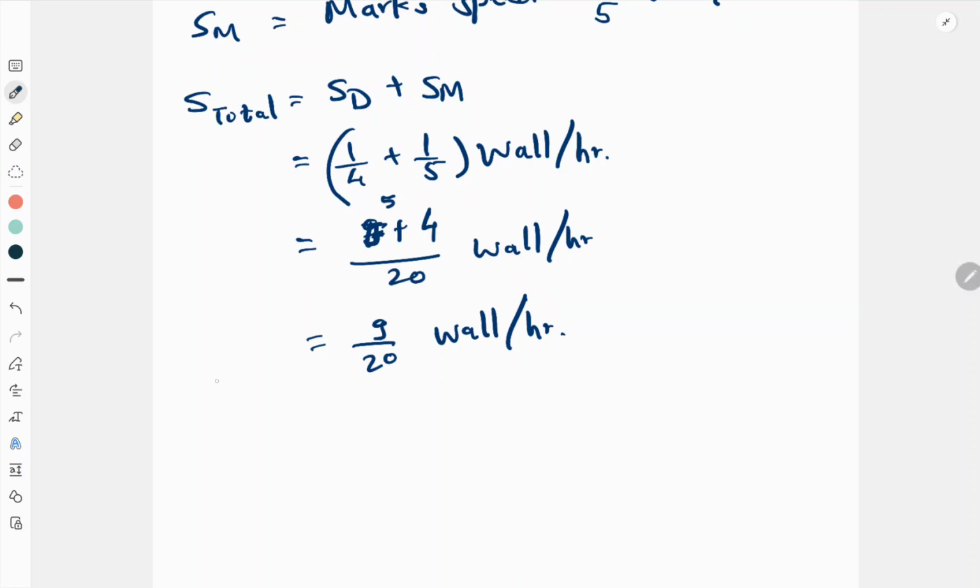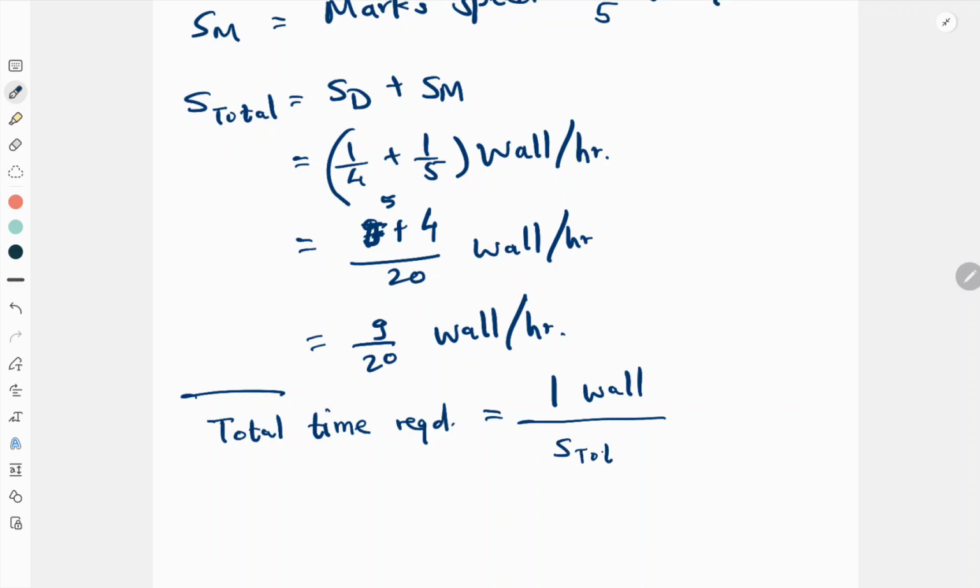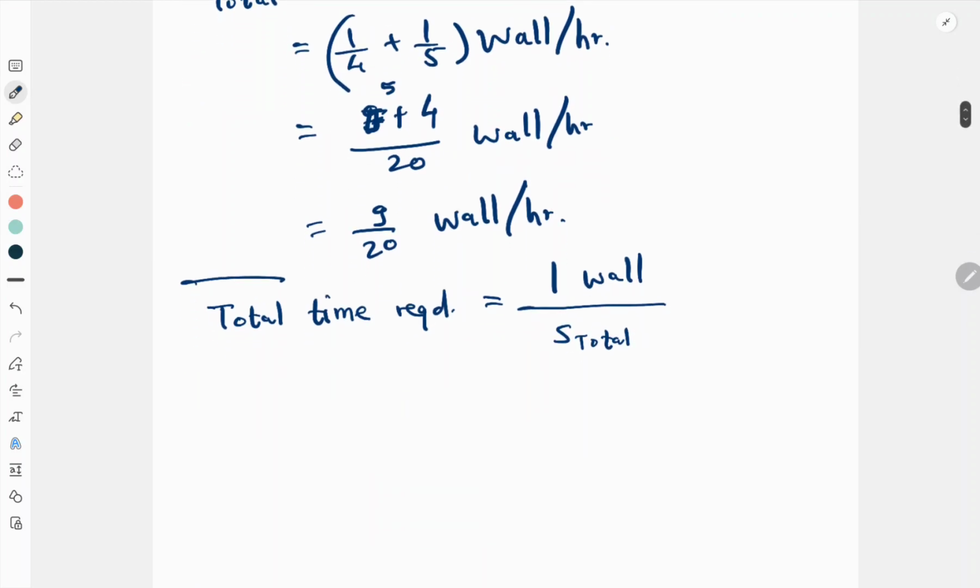So now life is easy, because the time it will take, total time required, is equal to 1 wall divided by S total, the total speed at which the wall is being built. I'm purposefully carrying the units, you'll see why. So this is 1 wall divided by 9/20th walls per hour.